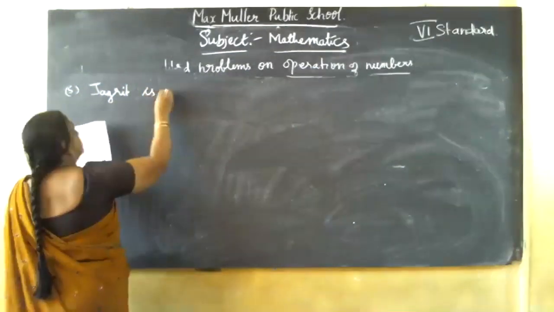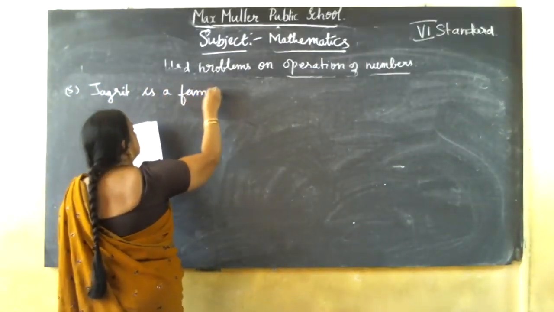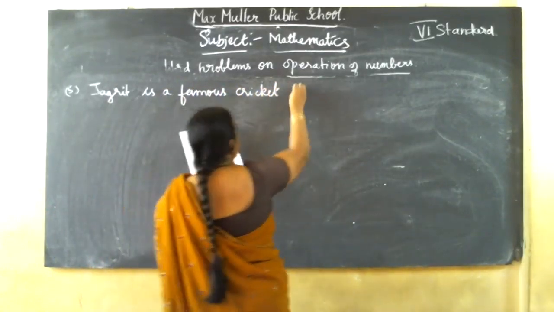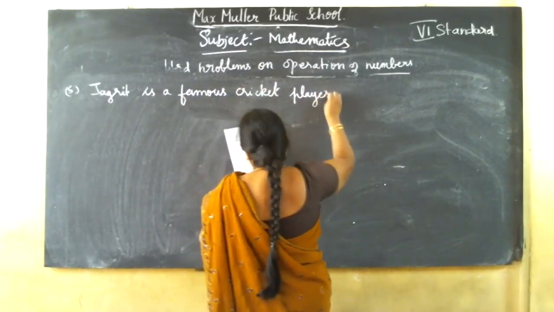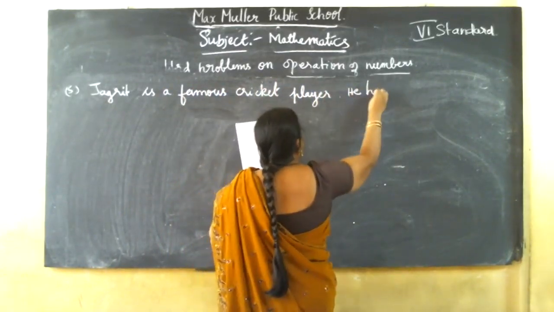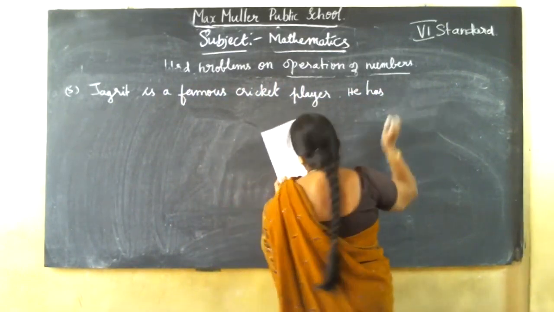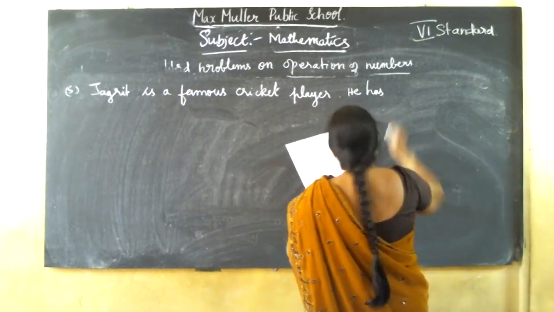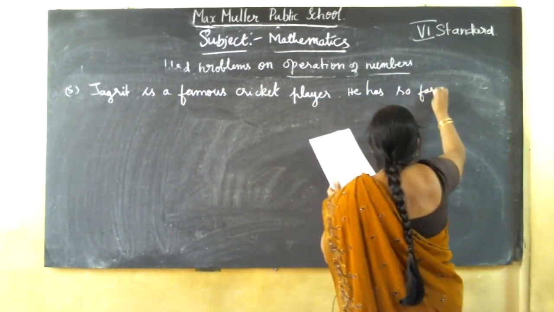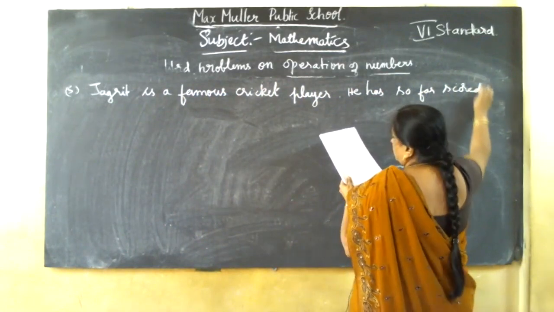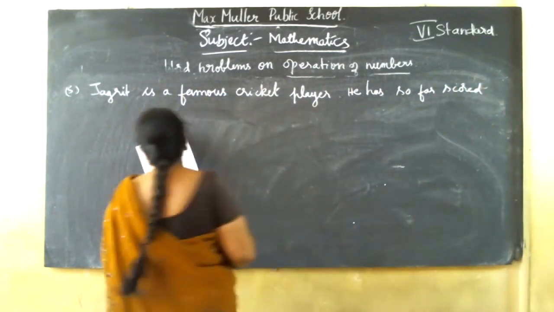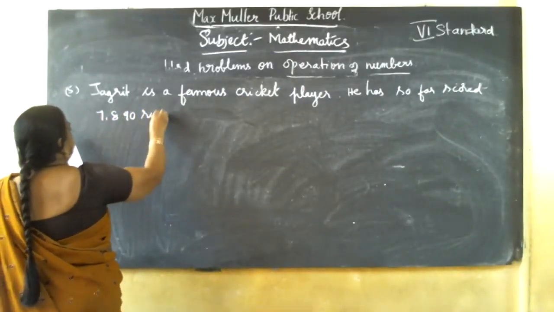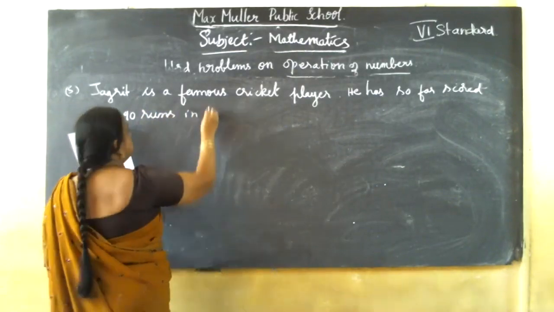Jagreet is a famous cricket player. He has so far scored 7,890 runs in a test match.